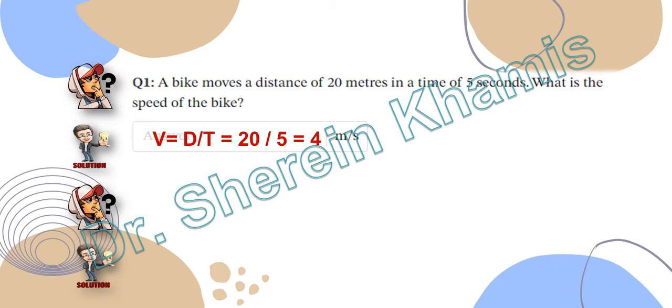Then we put the rule: v equals distance over time. So we have the distance 20 divided by time 5, and the result will be 4 meters per second. Okay, it's simple and easy and direct for the rule: speed equals distance over time. Okay, let's go to another question.